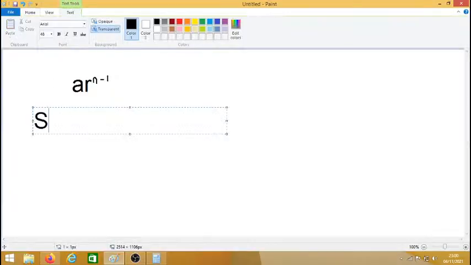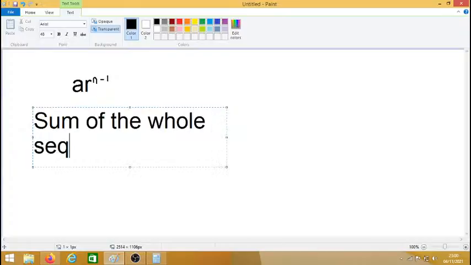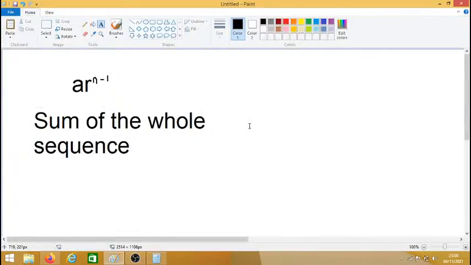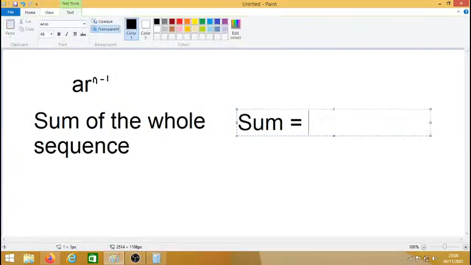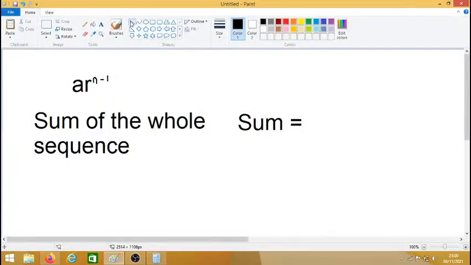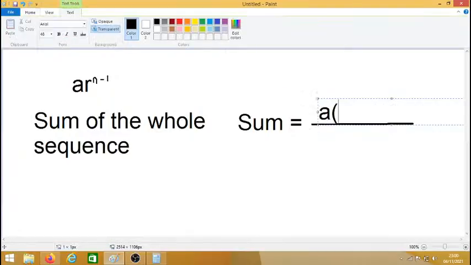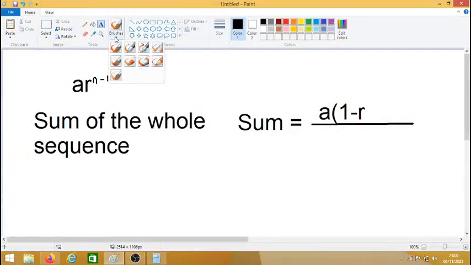But what if you want to work out the sum of the whole sequence? Then there is a formula that you need to learn, which is: the sum of a geometric sequence is equal to, and this one is a little bit hard to keep in your head, but it starts off with A, which is easy to remember, and then in brackets you've got 1 minus R to the power n, and then close the bracket.